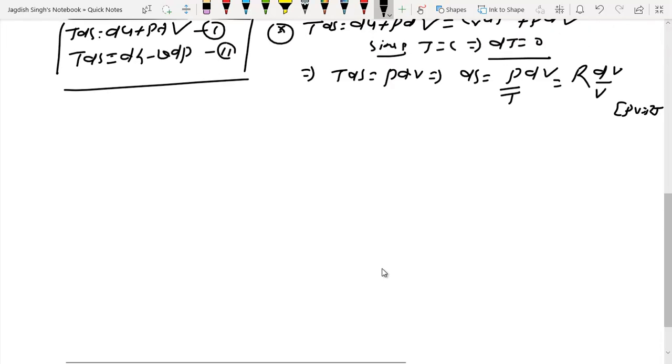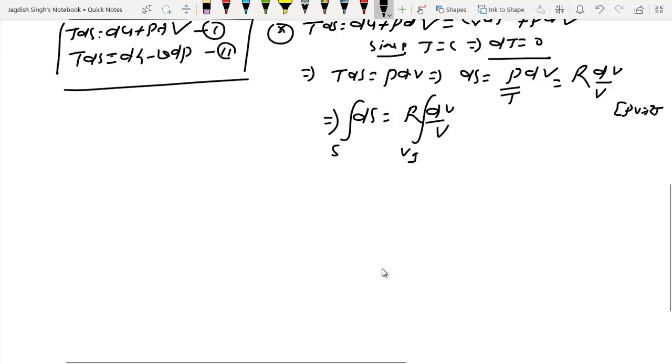So this implies dS is equal to R dV by V. We have to integrate this. Volume is V1, entropy is S1; volume is V2, entropy is S2. This implies del S is equal to S2 minus S1, which is equal to R ln V2 by V1.